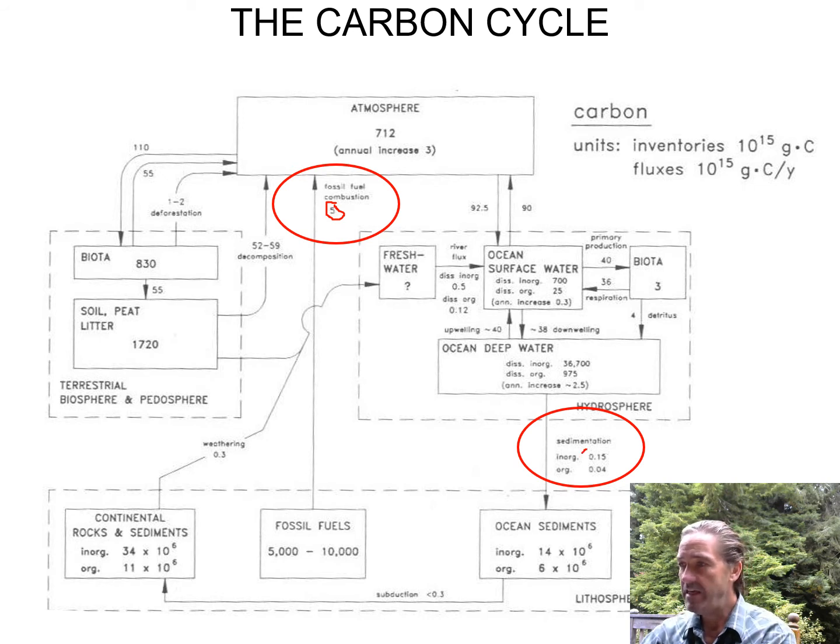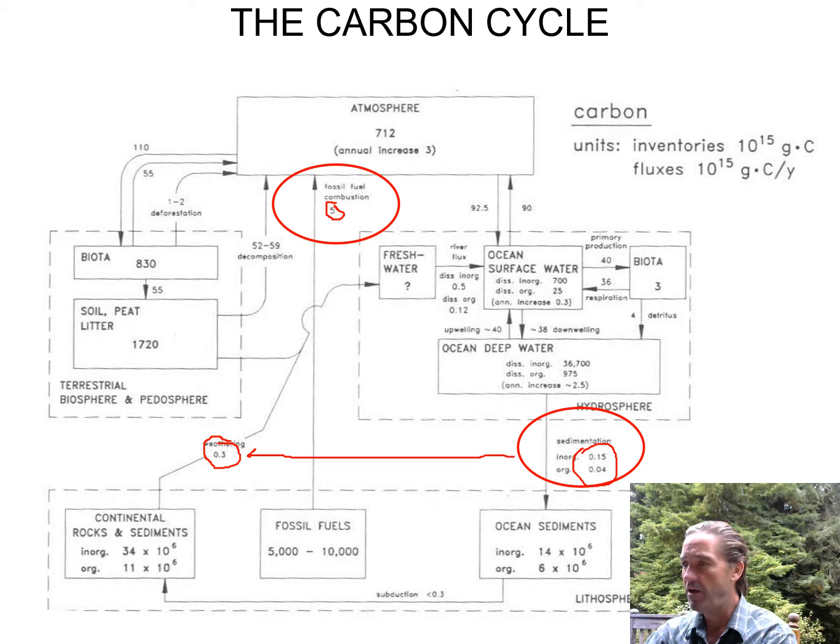But what we see is that the sedimentation rate for carbon is quite low, 0.15, 0.04, and weathering, it's pretty much balanced with weathering for the most part. There is a little discrepancy there, but nonetheless, the fluxes are very low.